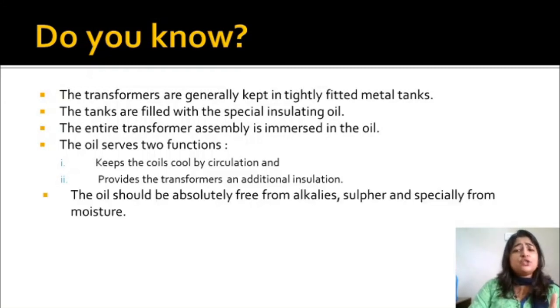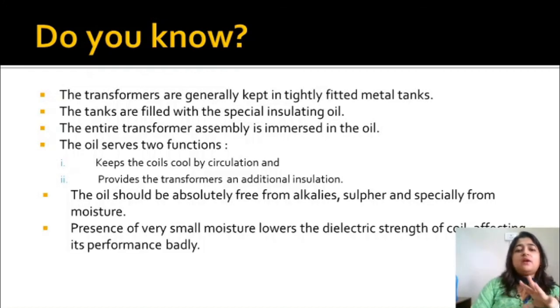जो oil होता है वो insulation oil होता है, and that is why if the insulation problem is there in the transformer, oil helps to give additional insulation to the transformer. The oil should be very pure also. It should be free from alkali, sulfur. Any moisture cannot enter into the tank.